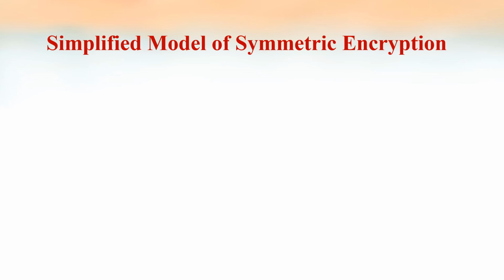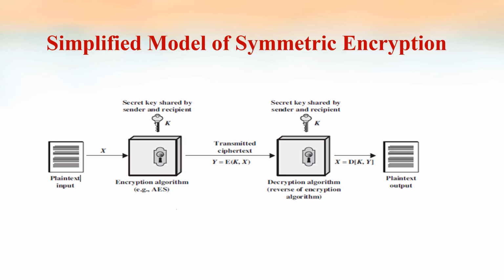Simplified model of symmetric encryption. So here in this figure, we can see the plain text over here, which is denoted by X, and the encryption algorithm. For example, we have considered the encryption algorithm AES. Then key K, which is shared by the sender and the recipient. Then the output of this encryption algorithm is Y, which is the encrypted message or the ciphertext.